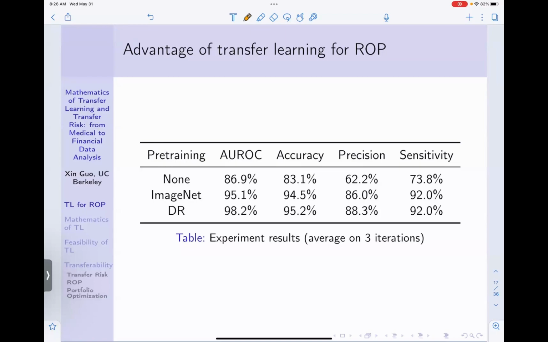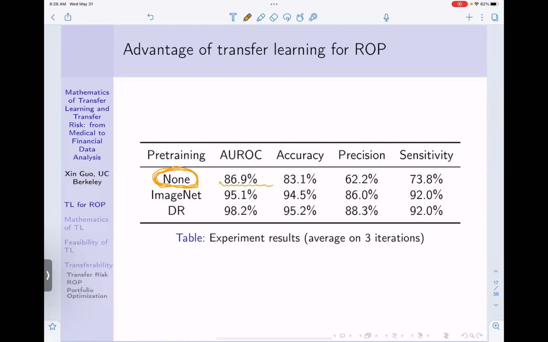Okay, so let me come back to this analysis, where you see this comparison, which is quite compelling. The baseline means this is direct learning: you just directly build a neural network and try to detect the ROP.